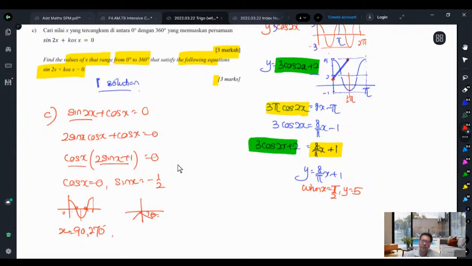Half is 30 degrees. Sine 0.5, not negative 0.5, is positive 0.5 to find the reference angle. So x equals to 180 or 210 and 330. So you have 4 answers. If you want me to explain or write in detail, please ask. Anyone?